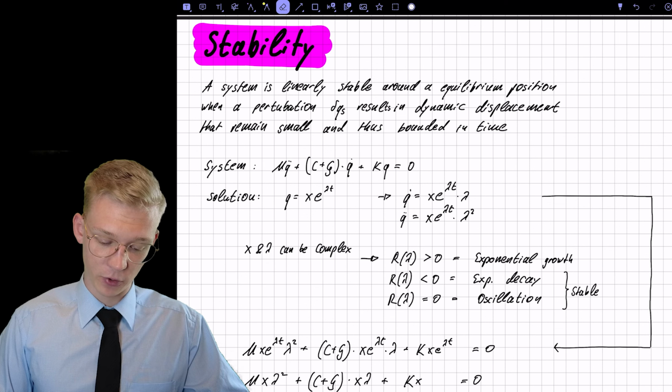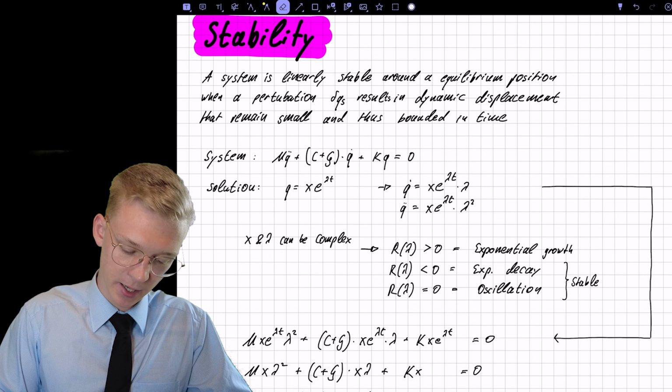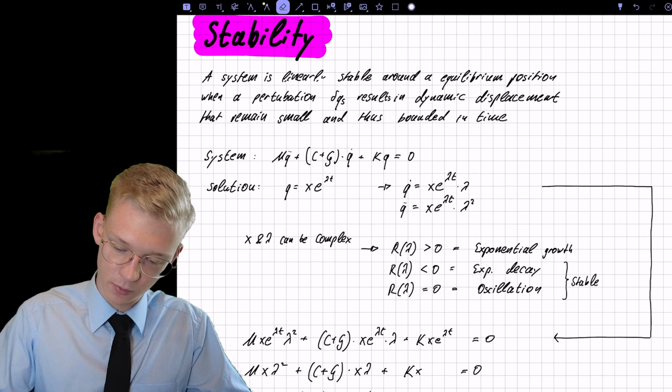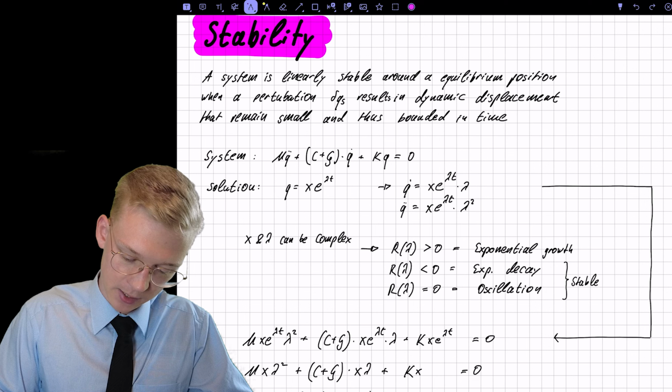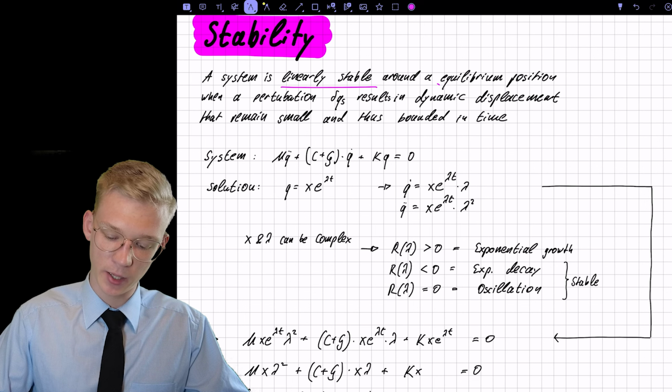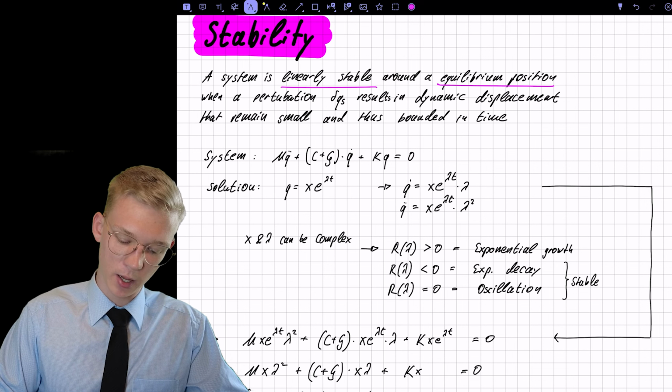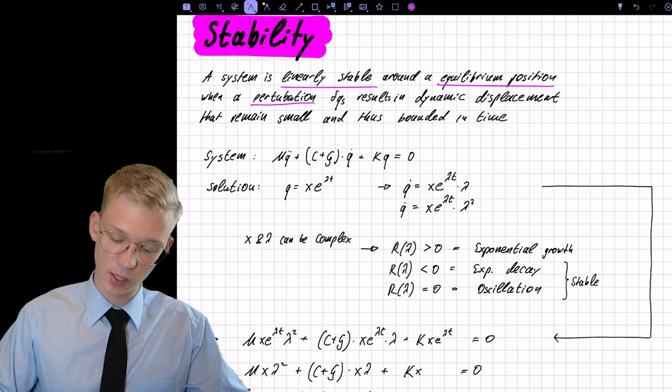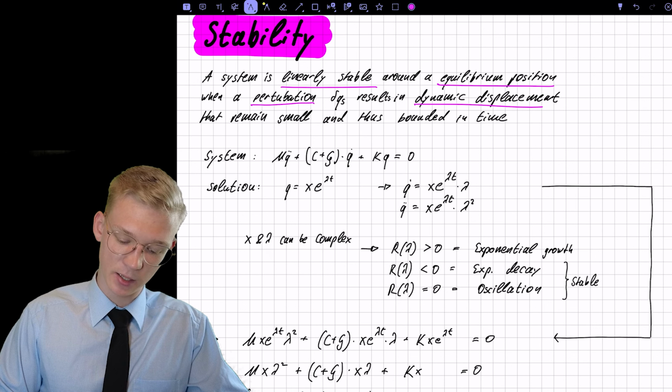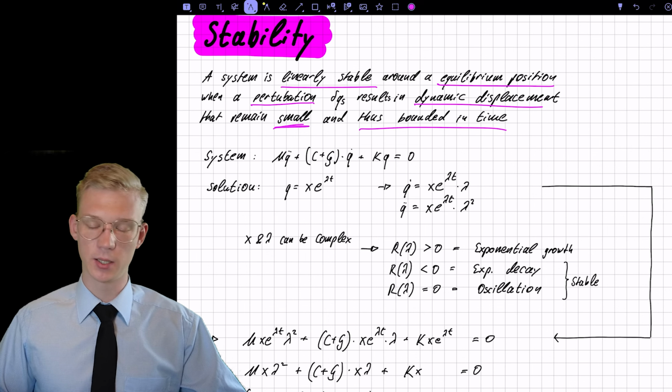So we have at first a definition: a system is linearly stable around an equilibrium position when a small perturbation results in dynamic displacements that are small and thus bounded in time.